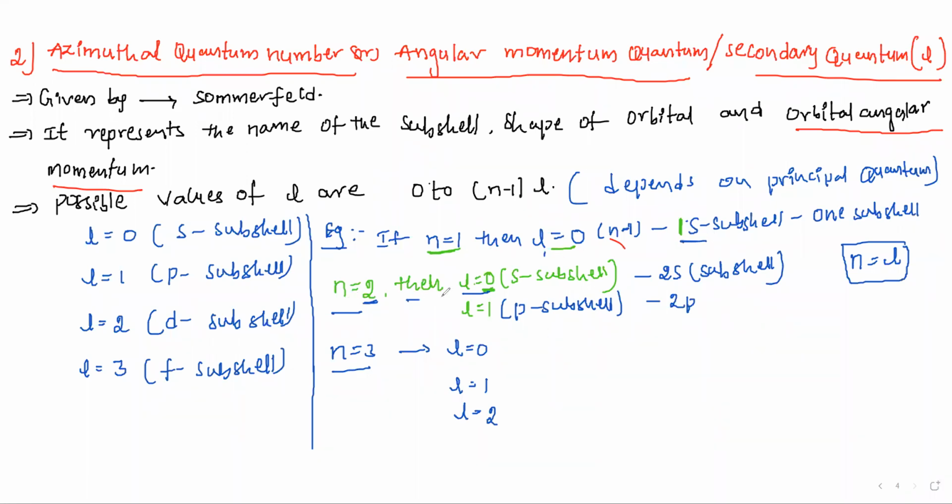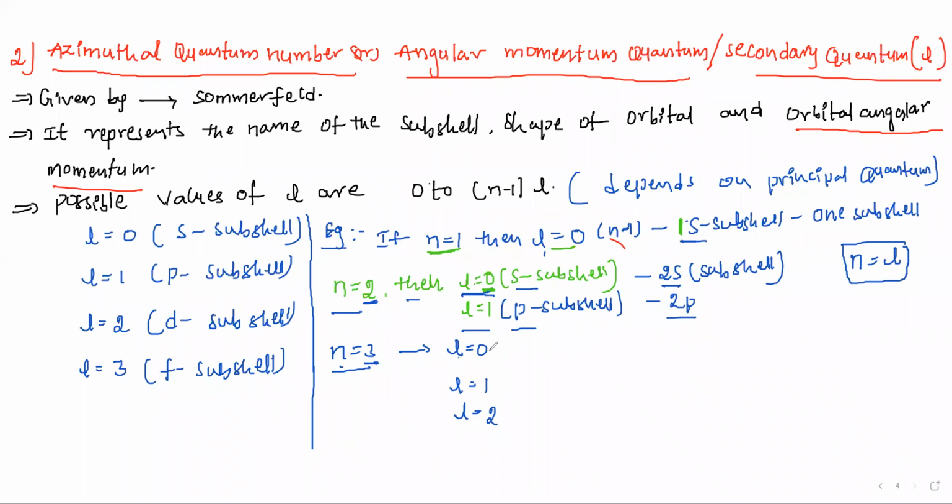Second shell n is equal to 2, the possible L values are L is equal to 0, S subshell, and L is equal to 1, P subshell. That too 2s and 2p. If n is equal to 3, the L values are 0, 1, 2. షెల్ నంబర్ అయితే ఎంత ఉంటుందో అన్నే సబ్ షెల్స్ ఉంటాయి.